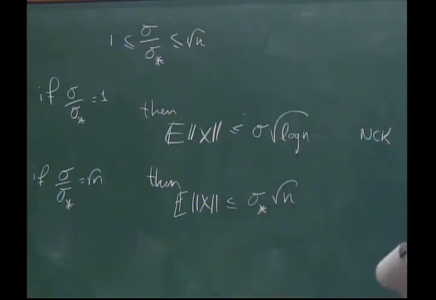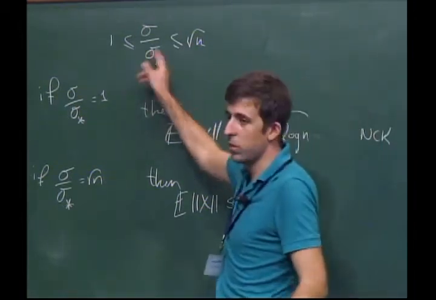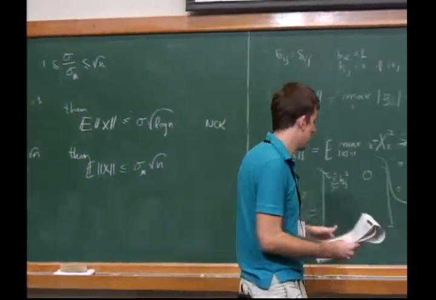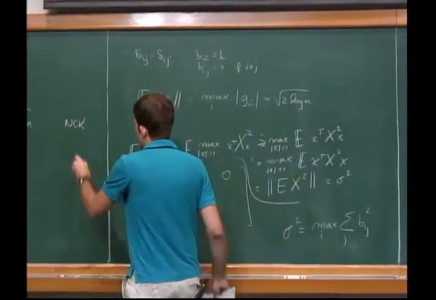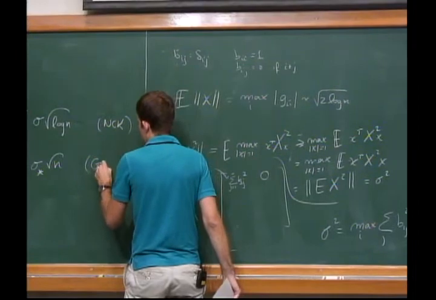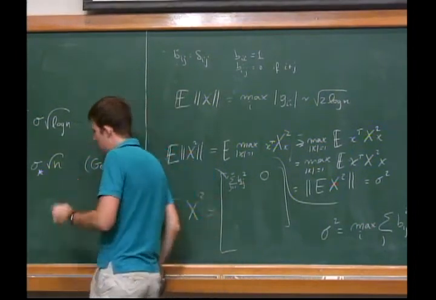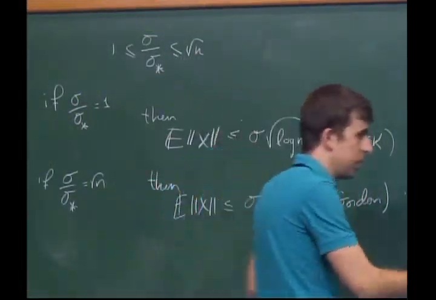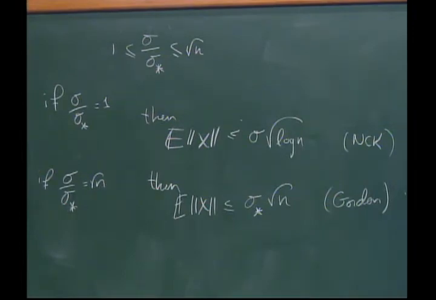You can prove these two results just by using each one of these inequalities for this particular case. So this is Gordon. So it's strictly better than either of the two in all the instances that we can cover. It doesn't cover Latala. Latala is not comparable since it doesn't have any dimension factor in it.